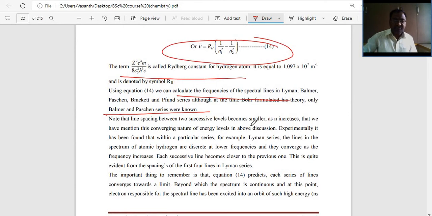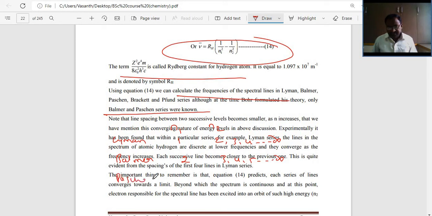Just we consider the n1 values for the Lyman series; this is n2. For the Lyman series, n1 is equal to 1, n2 is equal to 2, 3, 4 up to infinity. Balmer series, n1 is equal to 2, n2 is 3, 4, 5 up to infinity.